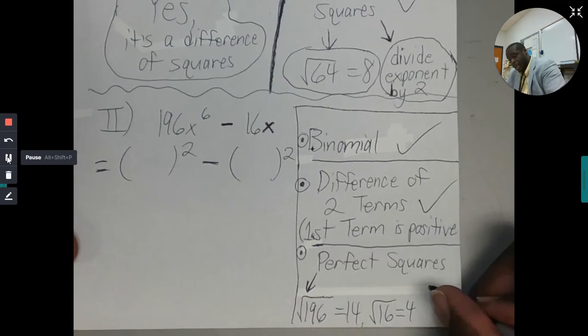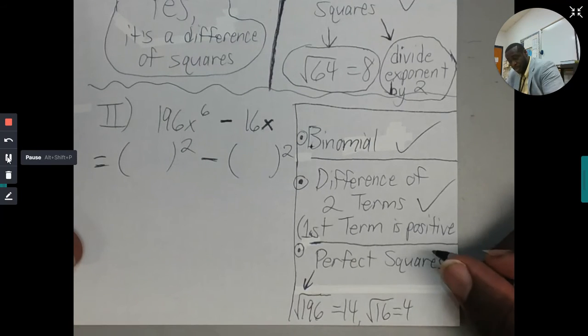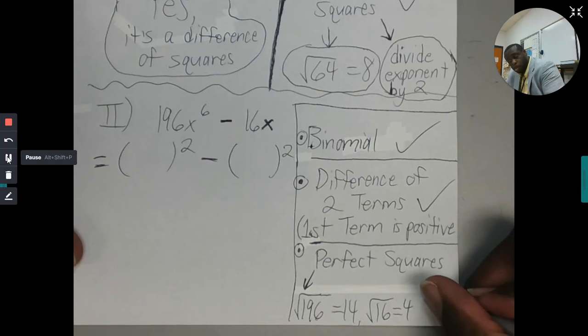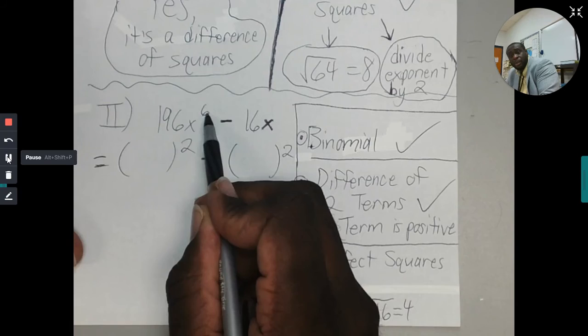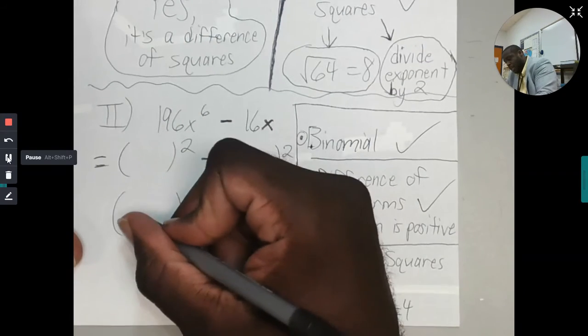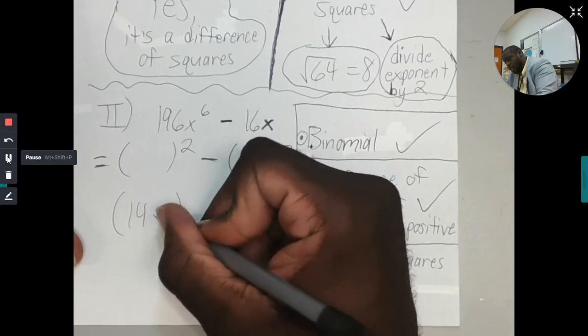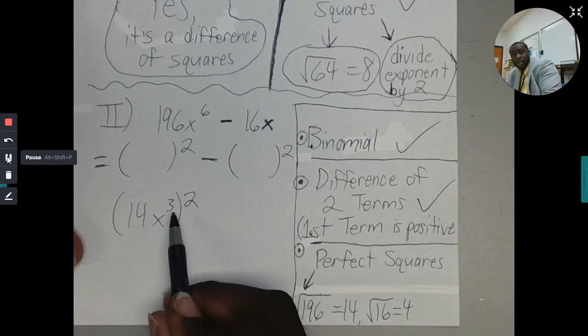And then are we able to divide the exponents by 2? Can we divide the exponents by 2? Let's look at this. We got x to the 6th power. Well, yeah, that's x cubed. So that one works out. 14. And then if we divide that exponent by 2, we get x to the 3rd power.